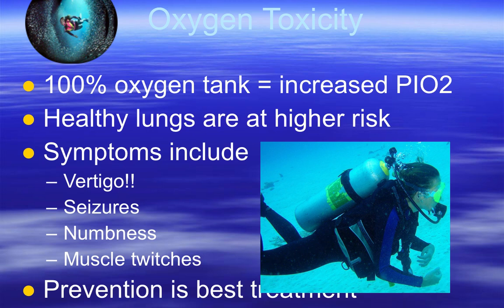So this would be prevention: we want to either dive with room air, or the scuba diver in this picture has nitrox, which is nitrogen and oxygen, or heliox. So there are 3 different mixtures.